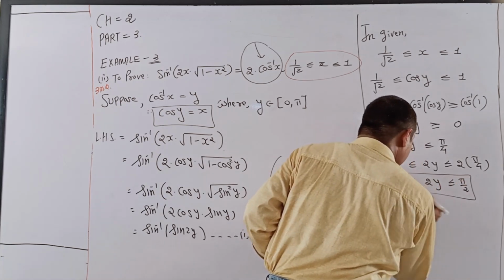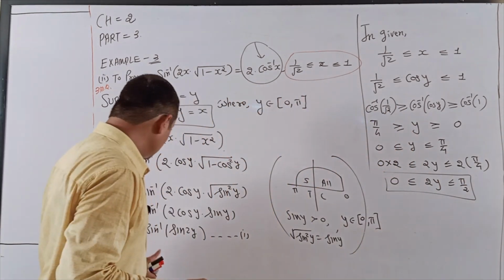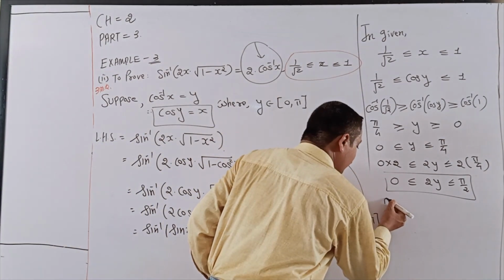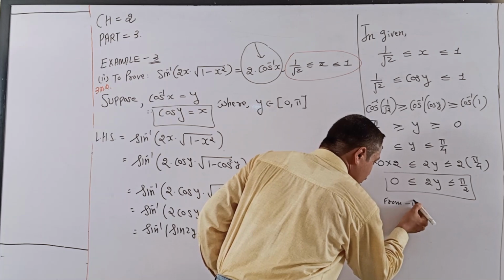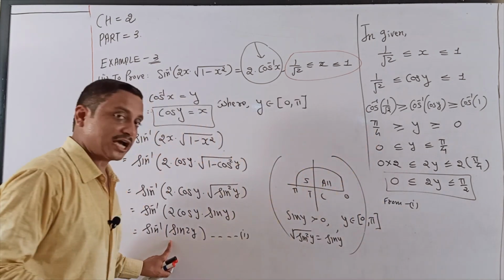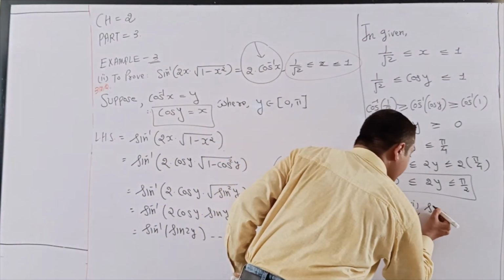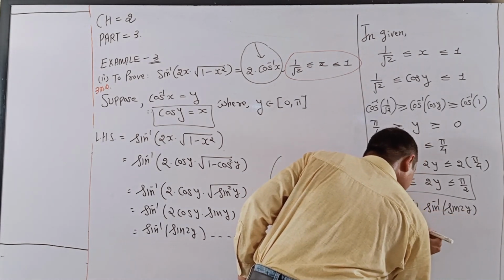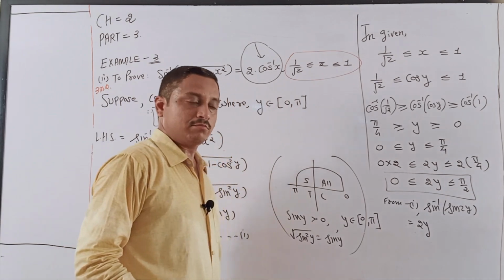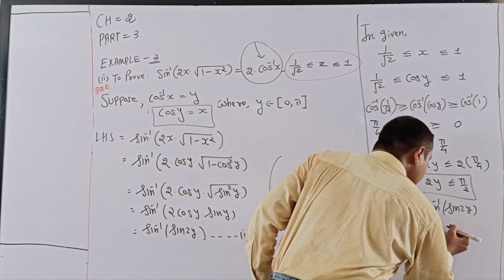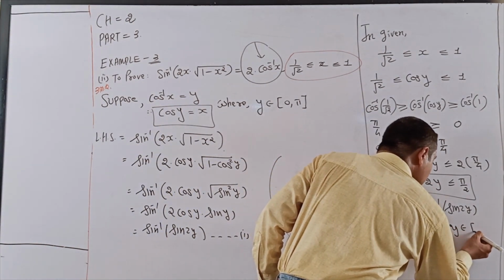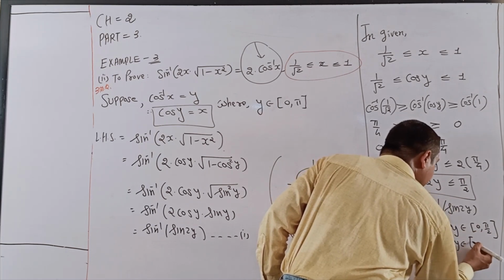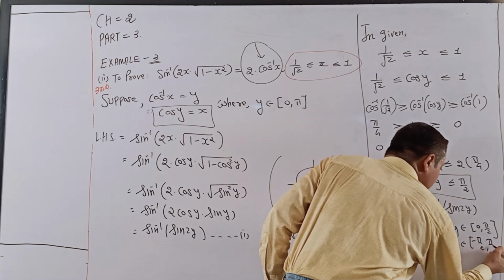And check, does this range belong to the real interval of sin inverse x? Yes, therefore from 1, what is your value? Sin inverse sin 2y. Write down 2y, because 2y belongs to the range of 0 to pi by 2. And 0 to pi by 2 definitely belongs to minus 90 to 90 also.